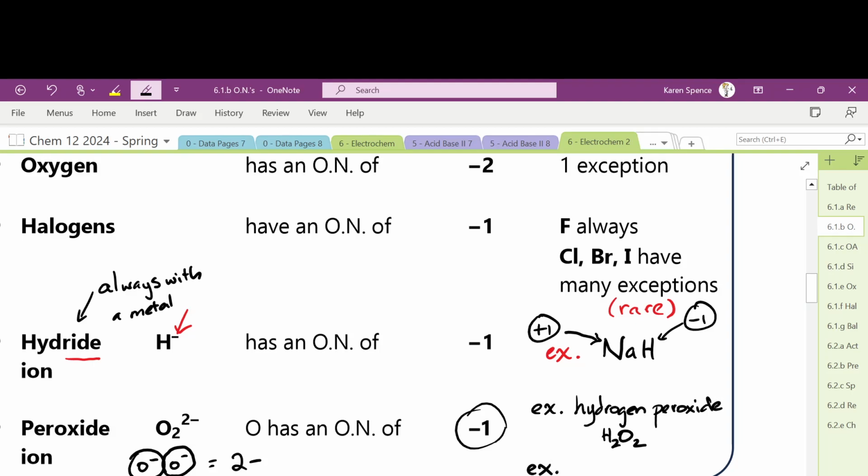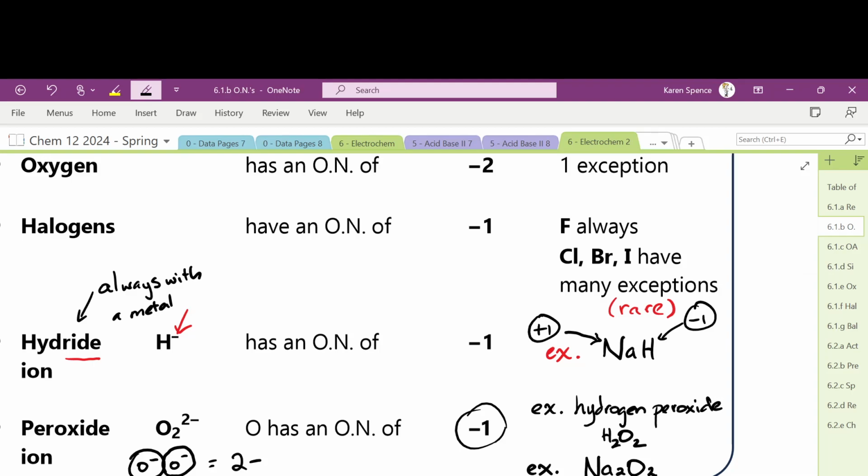Another one we might have is Na2O2. That almost looks like a regular compound. What would the regular compound be? Na2O, because normally oxygen is just 2-. So that's almost Na2O, but not quite.